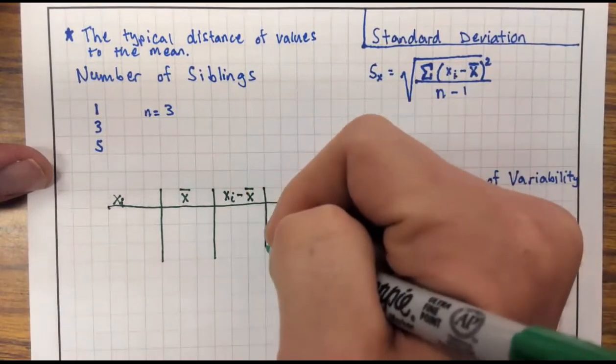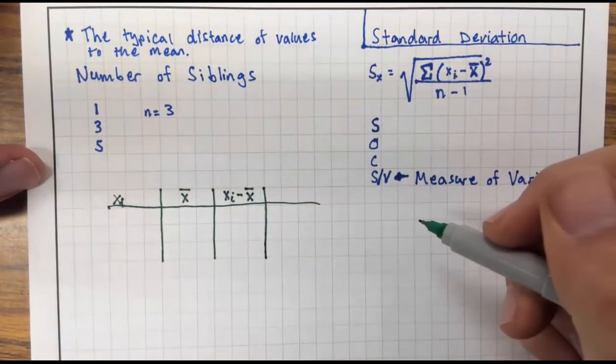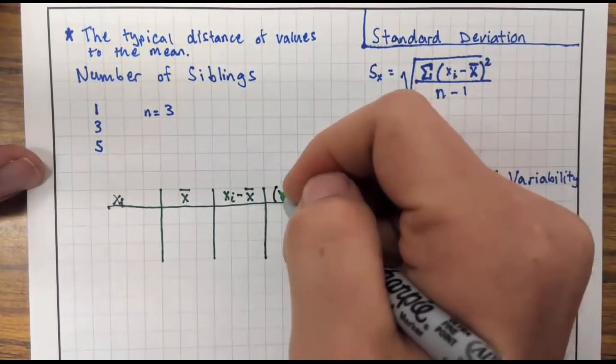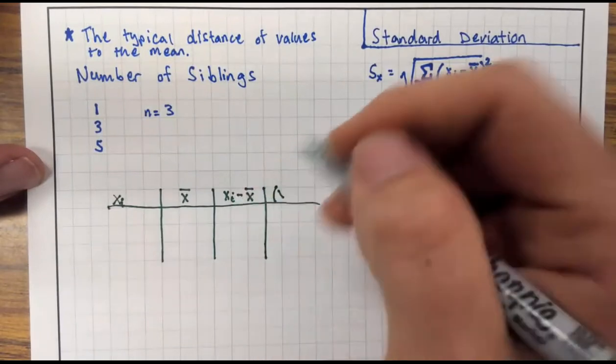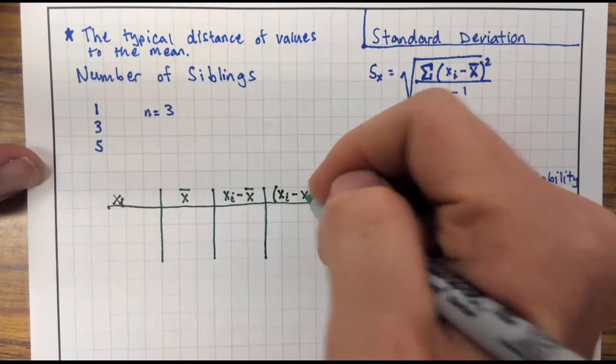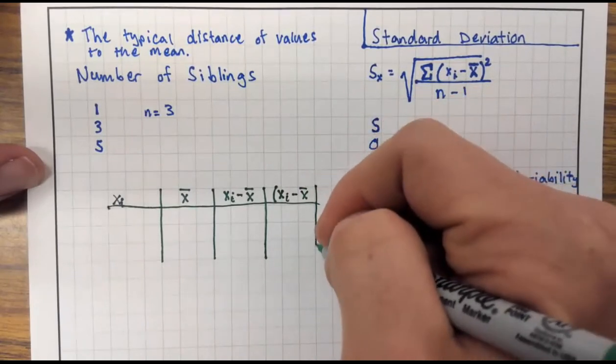Again, I know it seems kind of confusing, but we'll work through it. It'll be fine. And then once we have the distance from the observation to the mean, we will find the square of those values. And I'll explain why we're squaring here in just a bit.